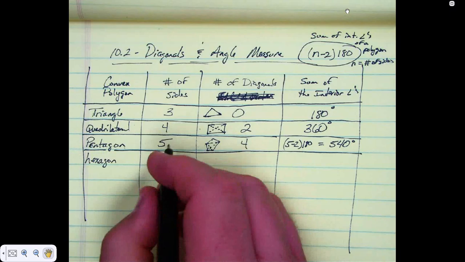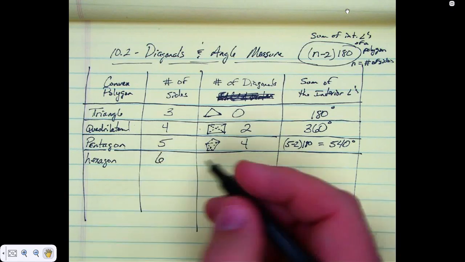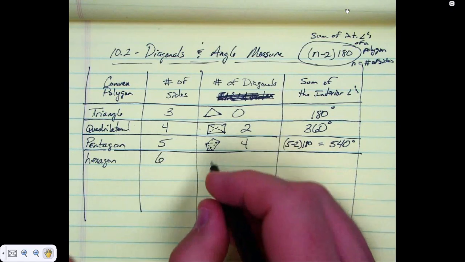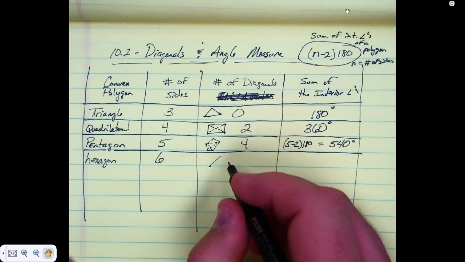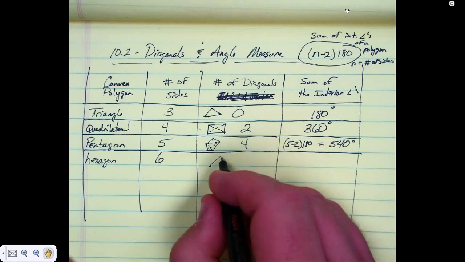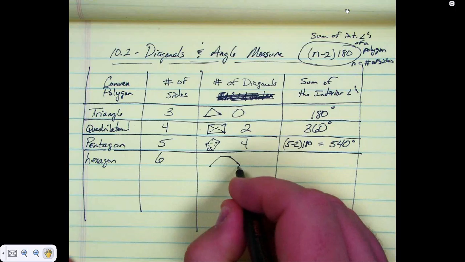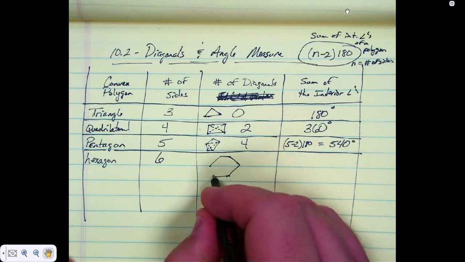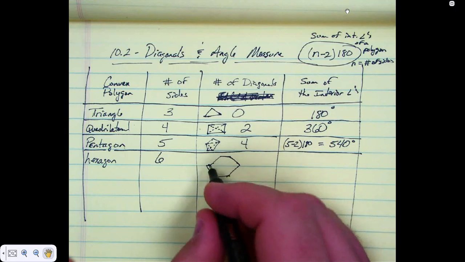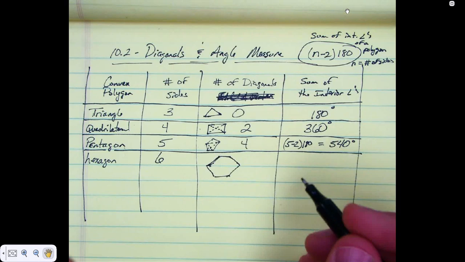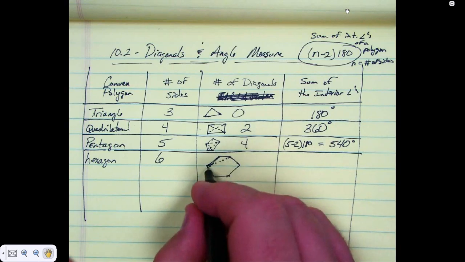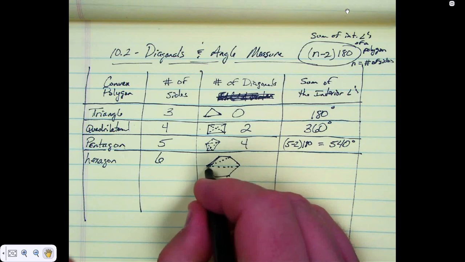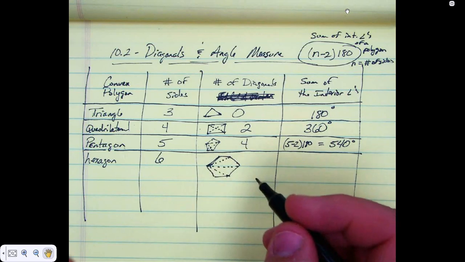Hexagon. Number of sides, 6. Now, let's make this a little bigger. We'll use up 2 spaces for this one. To figure out the diagonals, just go from each one. Let's see. I can draw 1, 2, 3, right?